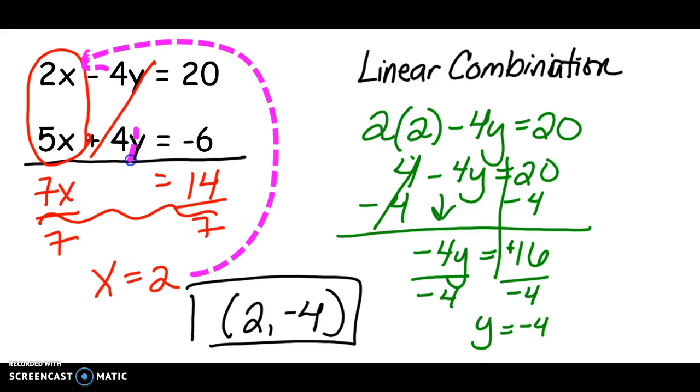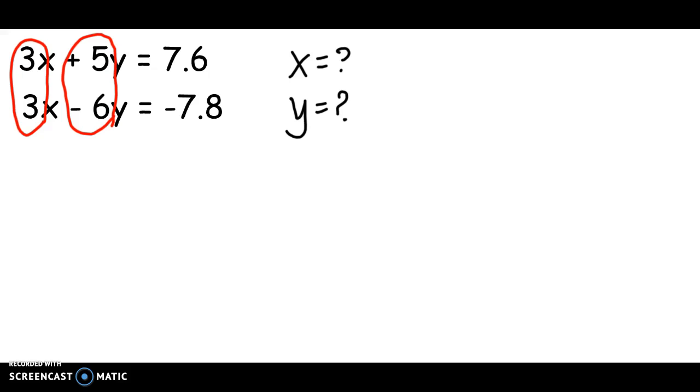That was great because they both canceled. But in here, I don't have a positive and a negative of the same value. So I'm going to make it be that. If one of those 3s were negative, this would be beautiful and it would cancel out. So I'm going to make it negative.